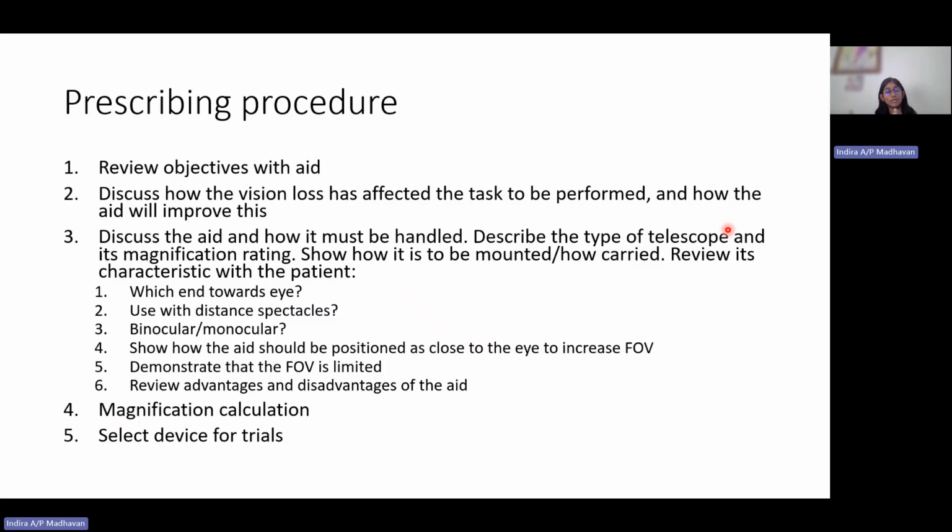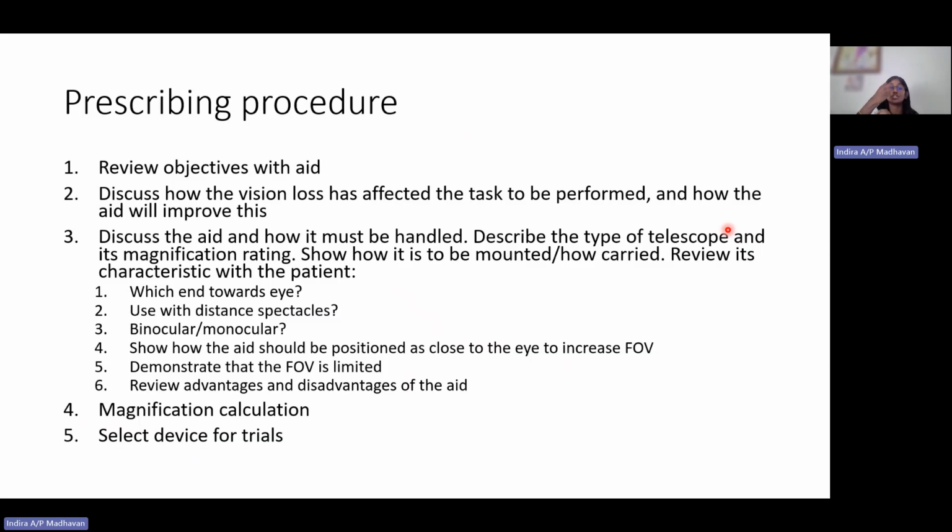Although you're going to prescribe them with glasses, when you are trying them in your refraction room, we use a trial frame. Similarly, we use a monocular telescope only to measure and see which one fits the activity that the patient wants to perform. So tell them how to hold it.